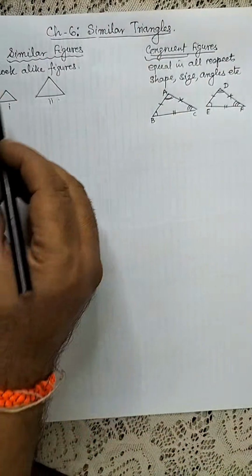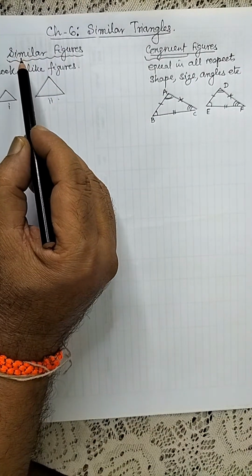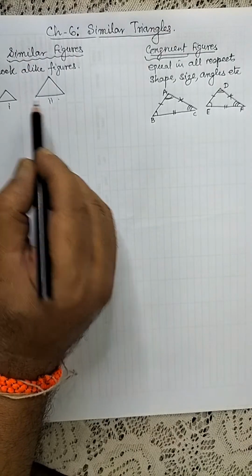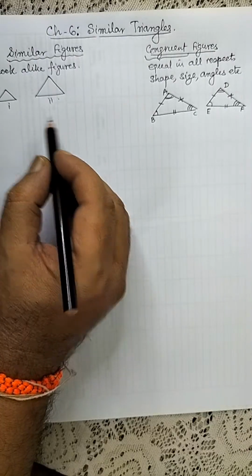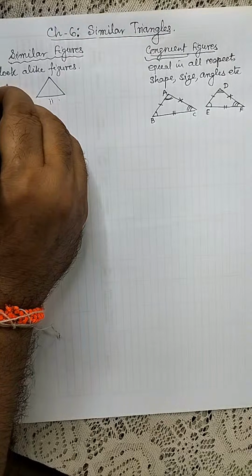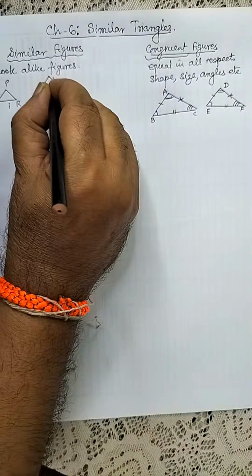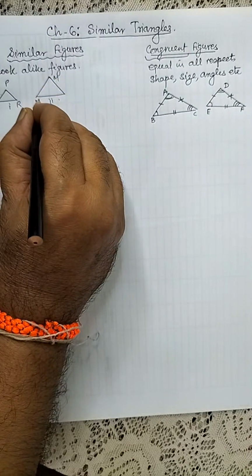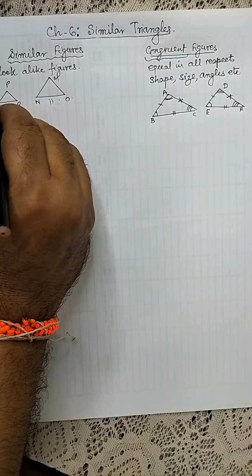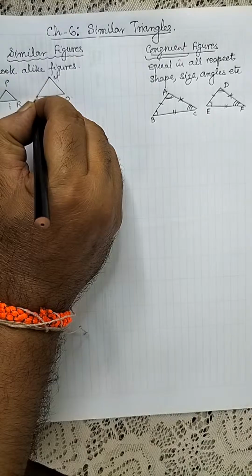Fine. Now, as I said, similar figures, or to be more specific, similar triangles, they look alike. That means this triangle, suppose I call it PQR, and this is MNO. The side PQ may not be equal to MN.